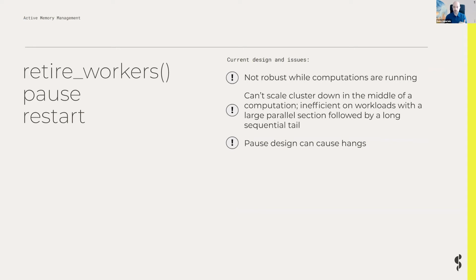This is problematic if your workload has a huge spike in parallelism at the beginning, let's say 30 minutes, 2000 CPUs. And then you have 5 hours worth of 20 CPUs. This is a kind of frequent situation. And in those cases, the whole cluster will remain up for the whole time.